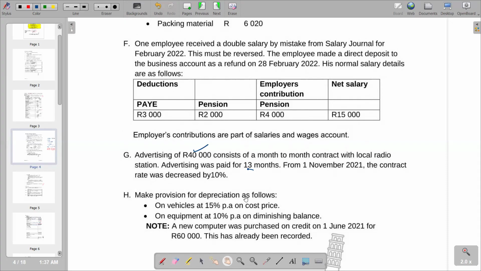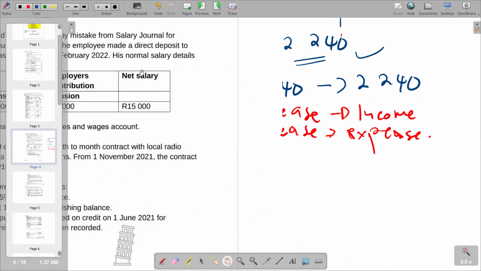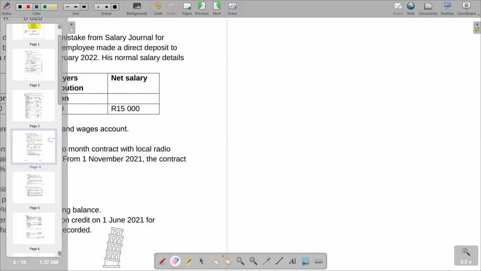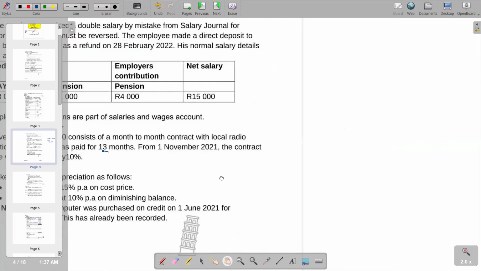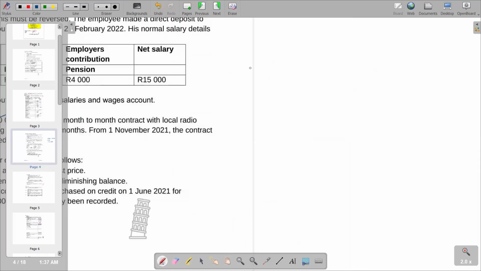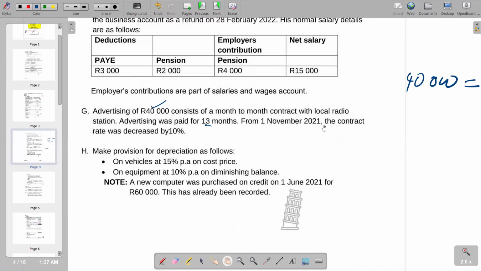So we can come up with an equation that is going to lead us to our answer. From there, we are saying the total is 40,000. We are told that from 1 November 2021, that's when the contract rate was decreased. So let's count the number of months before the contract was decreased.